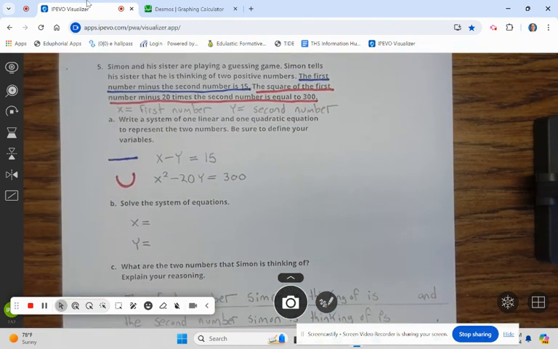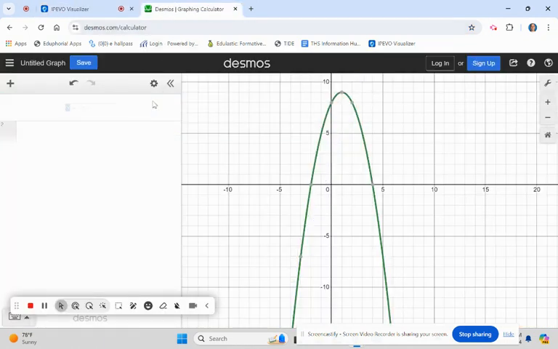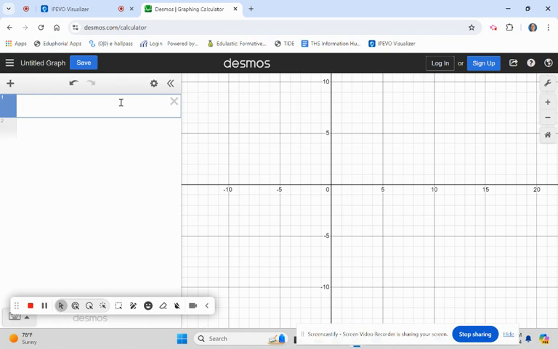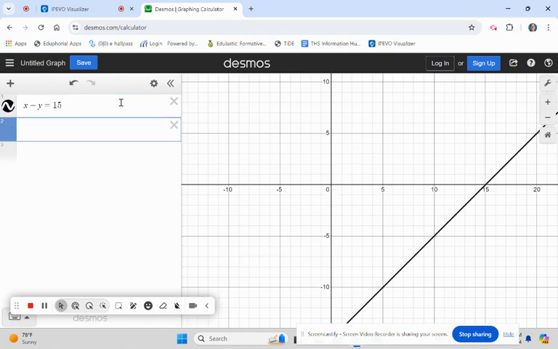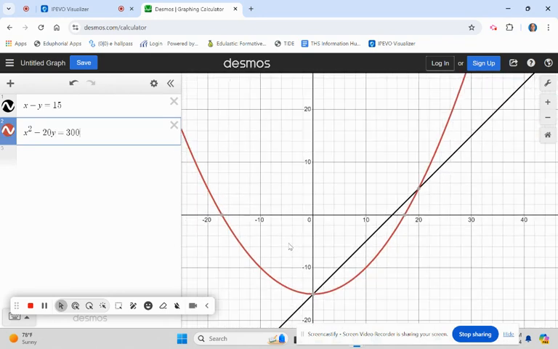All right, let's go ahead and graph those to find the solution. I need to zoom out just a hair, and there's our points.